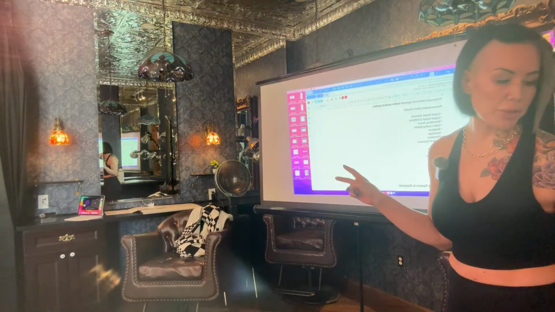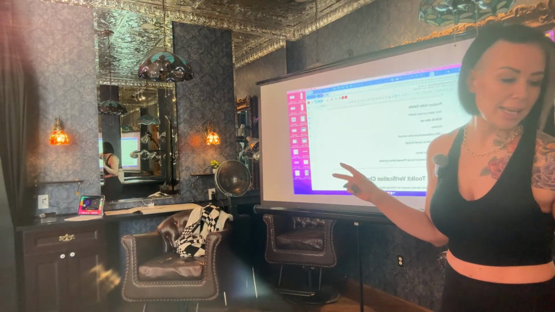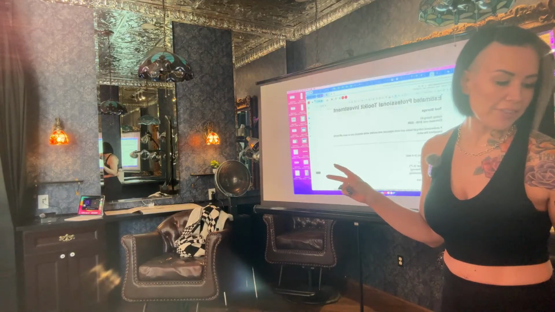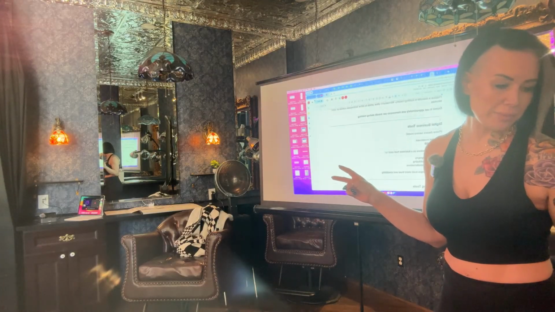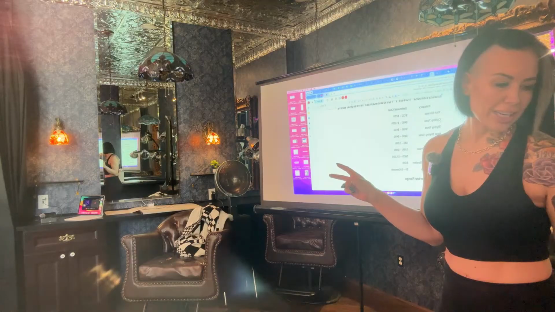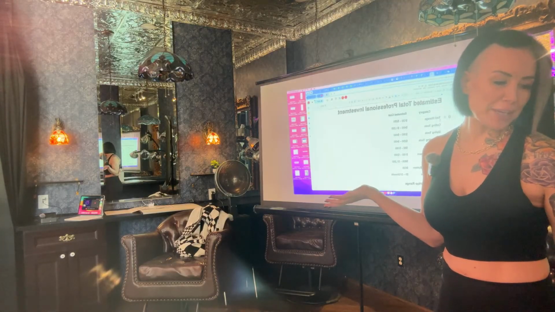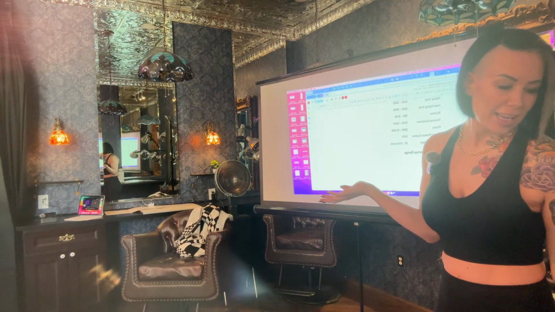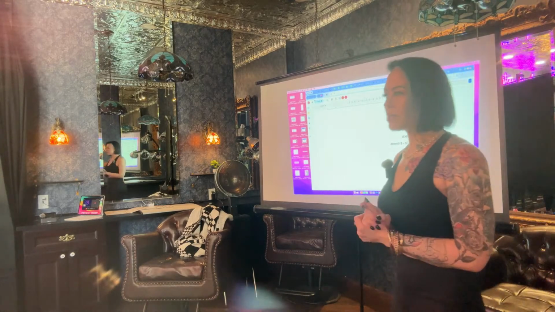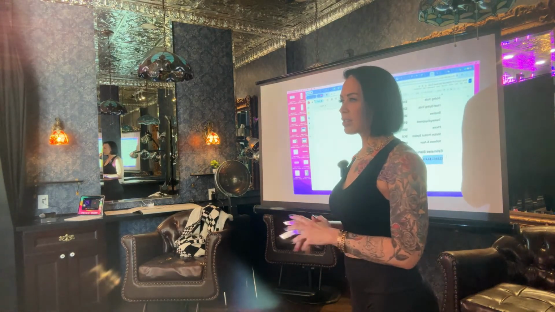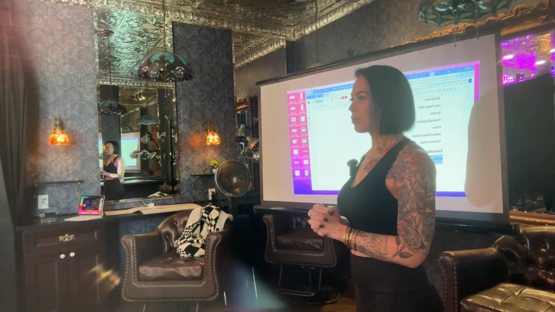Because when we get down to it, you're going to see that after this verification checklist, all the way at the bottom, the estimated professional tool investment literally comes to anywhere from $2,500 to $5,000 in professional tool setup.